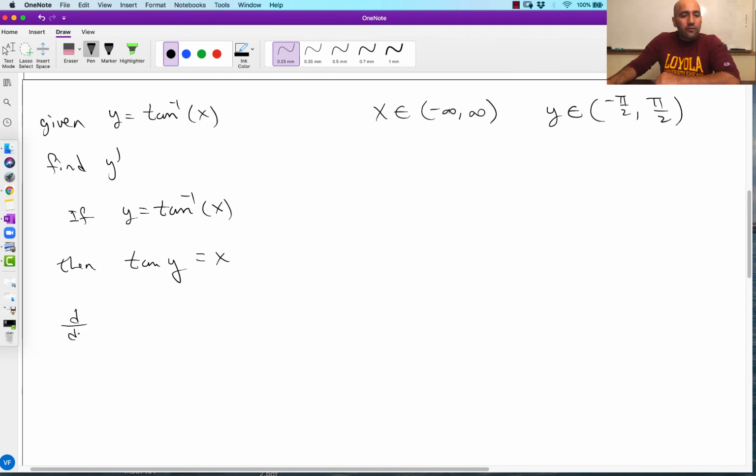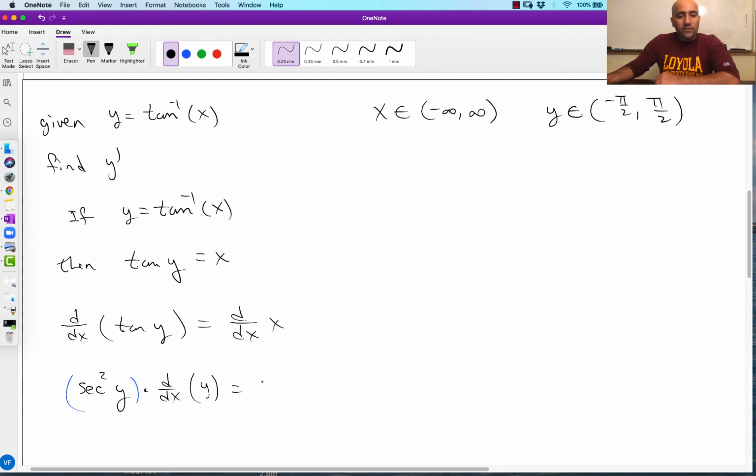Let's take the derivative with respect to x of tangent y equals the derivative with respect to x of x. And the derivative of tangent y is going to be equal to secant squared y, and then times, by the chain rule, the derivative with respect to x of y.